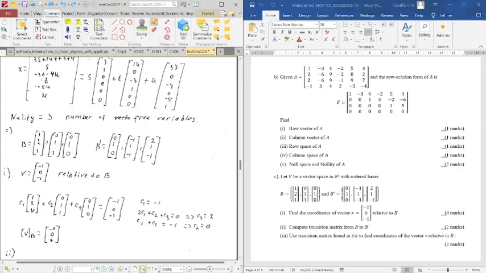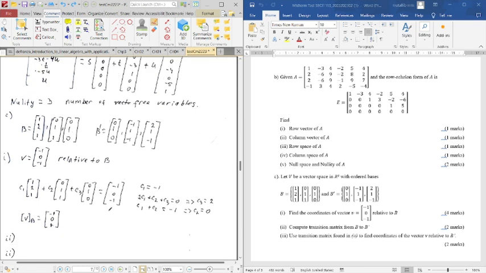When we calculate this, we're going to get C1 equals -1. To calculate this, we do it as we did in the previous questions with a linear system.